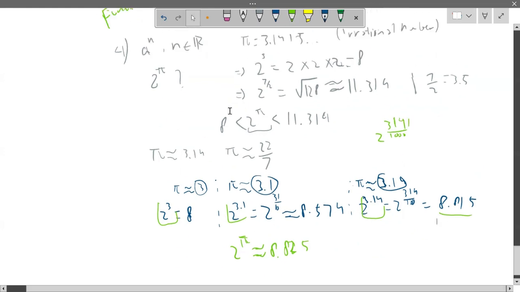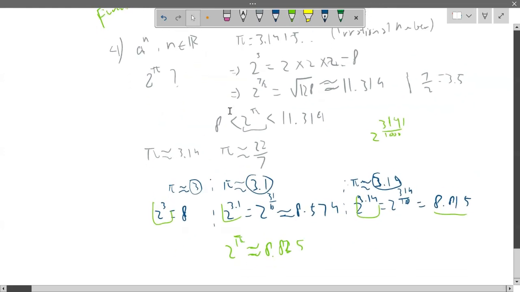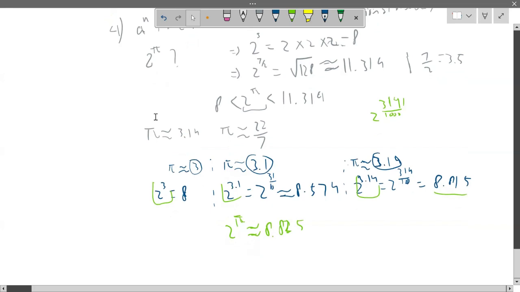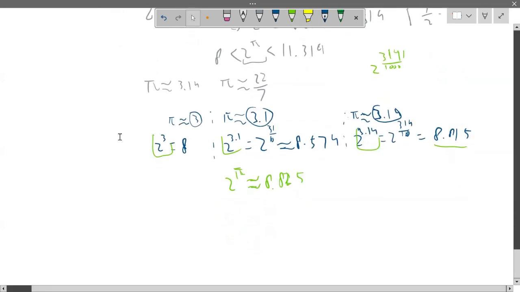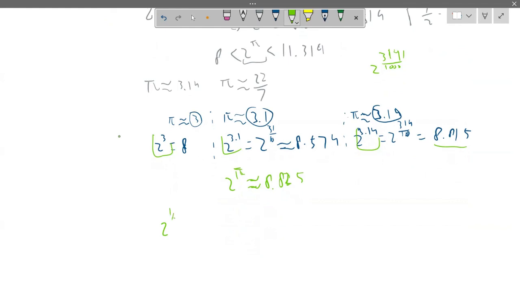You might not be able to calculate these by hand, but at least it shows you that you can indeed take something to an irrational power. You can even find, for instance, 2 to the power of square root of 3. This means you begin with the sequence 2 to the power of 1. Then what is square root of 3 again? So square root of 3 is equal to 1.73205 something.